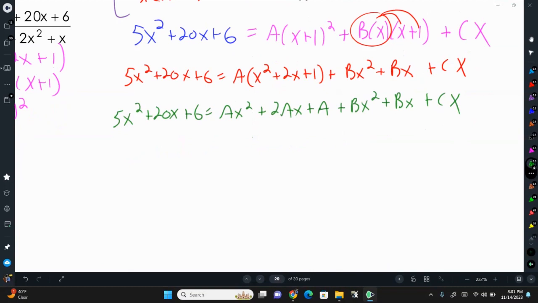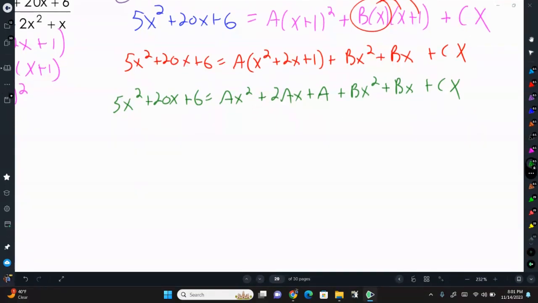So what we need to do then is to figure out and match up our terms. So what I mean by that is that we have 5x squared. That means if we add ax squared and bx squared, that needs to equal 5x squared, meaning a plus b must equal 5.